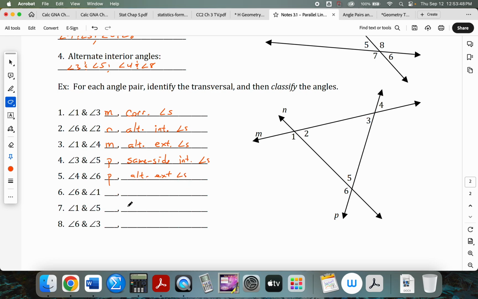For 6 and 1, the transversal is N, and those are same side interior angles. 1 and 5, the transversal is again N, and those are alternate interior angles. And then 6 and 3, transversal is P, and those are corresponding angles. Any questions about that?